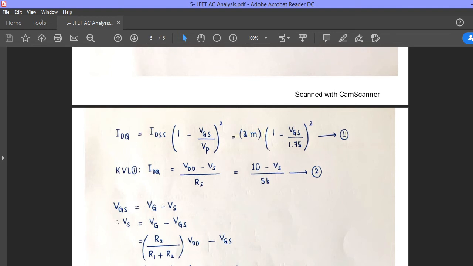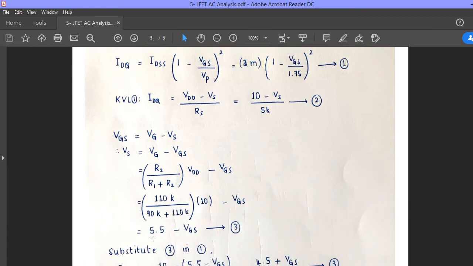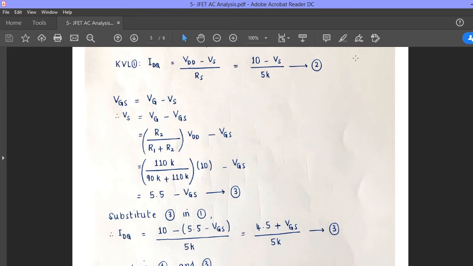VS is equal to VG minus VGS. By substituting all these values, we obtain the value of VS in terms of VGS, and this VS equation 3 is put in equation 2 and equated with equation 1.